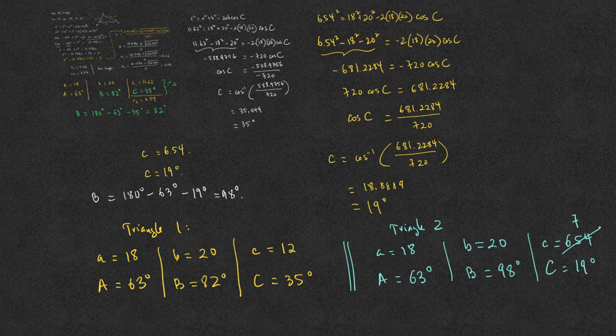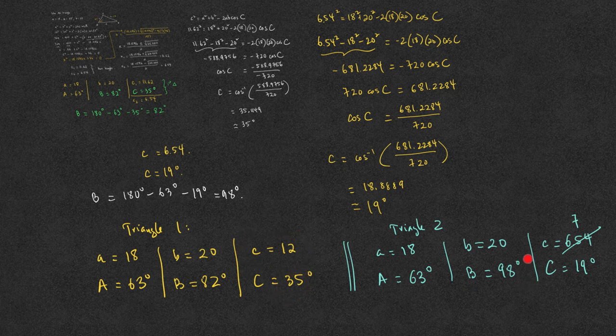For both of these two triangles, we might want to double check that this is reasonable. For the first triangle, the largest angle has a measure of 82 degrees, which corresponds to the longest opposite side. The smallest angle is 35 degrees, which corresponds to the shortest side.